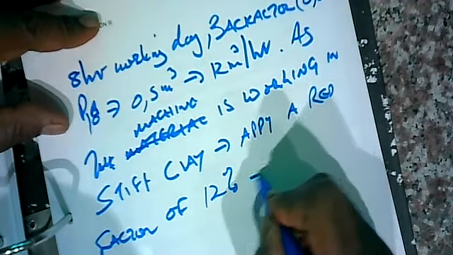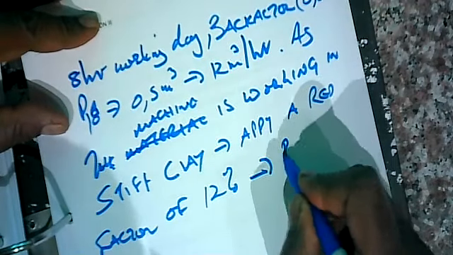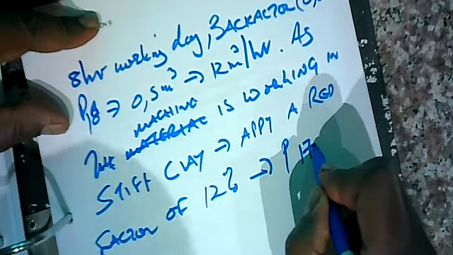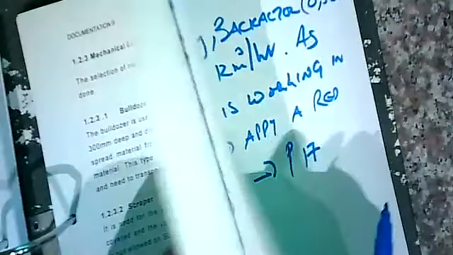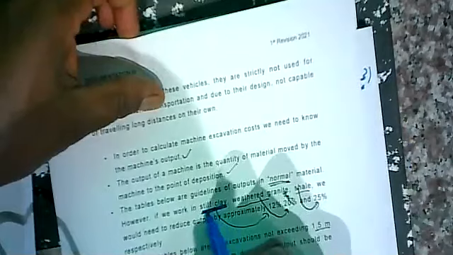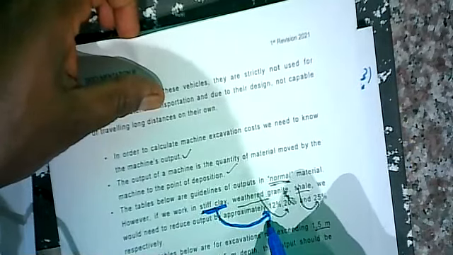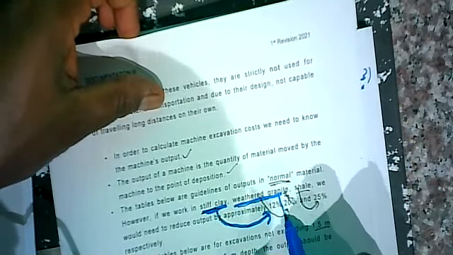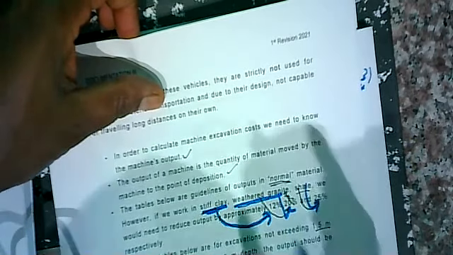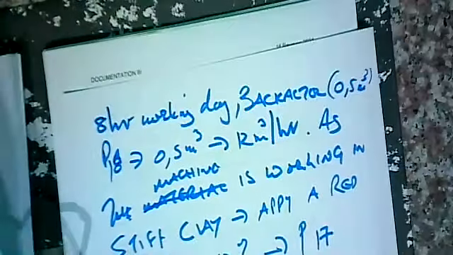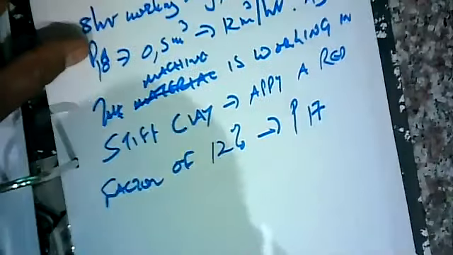And where did we get this from? We got this from page 17. Let's go to page 17. There we go. And we're working in stiff clay, so what are we applying? We're applying 12. If it was weathered granite, then we would be applying 20, and if it was shale, we would be applying 25. So that's how I got 12%.